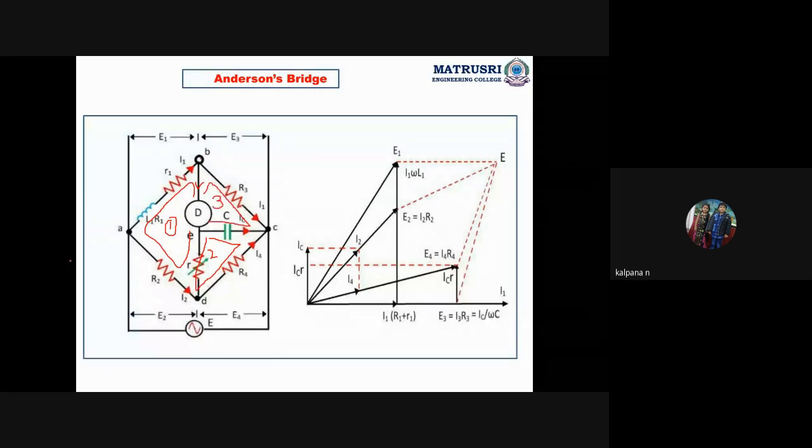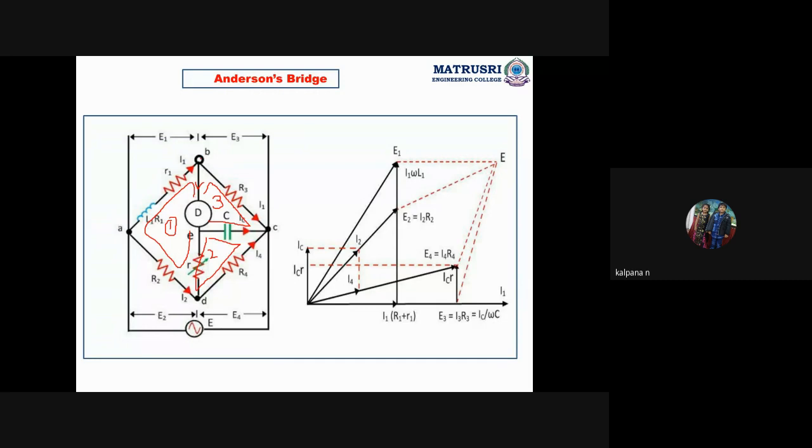In order to find the balance equation, we should form three loops. How many loops should we form in order to find the balance equation? Three loops. So this is the first loop, second loop, third loop.